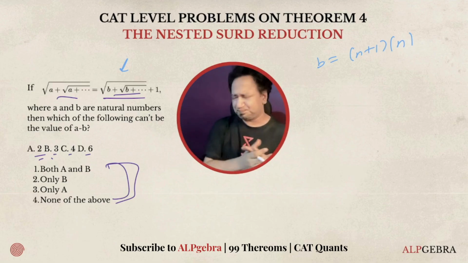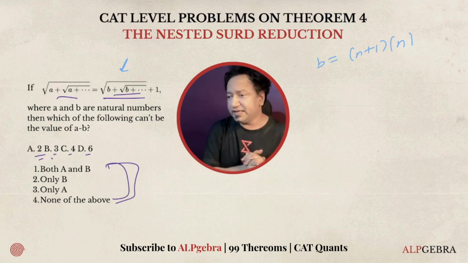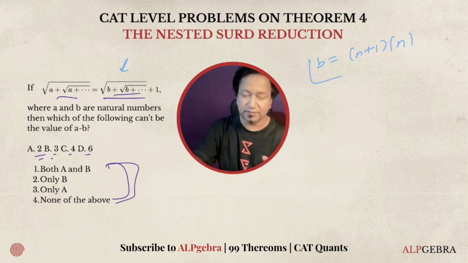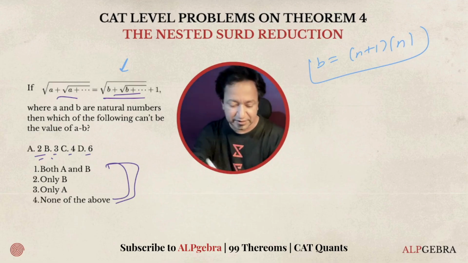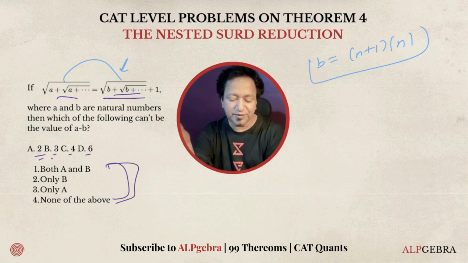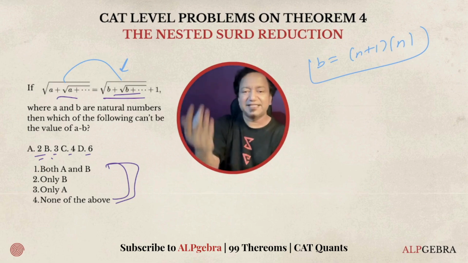Now there is one thing which you need to understand. If B here is a natural number, then I'm not saying that this will always be true. There can be irrational values for these also. But if they were irrational, then we cannot find the exact answer here.